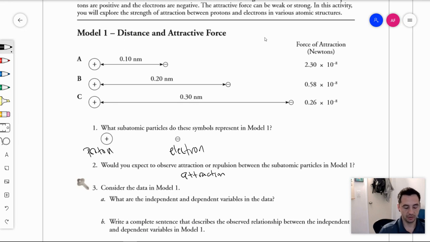Now we look, what are the independent and dependent variables? Independent is what we determine, and then dependent is the result of that. So what we're determining here is the distance. We're changing the distance, and then based on the distance, the dependent variable is the force of attraction.